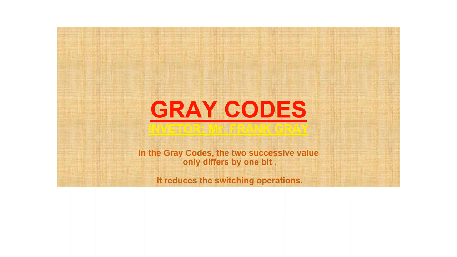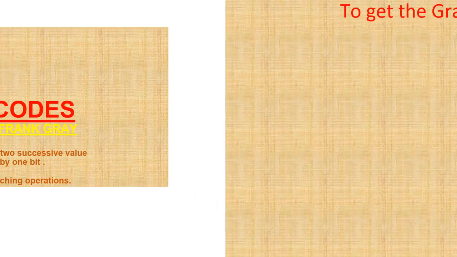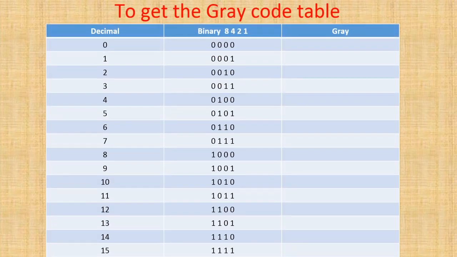Now it's turn to discuss gray codes, which have another property which helps us to reduce the switching operations. Gray code differs by only one bit in two successive values. You can see in this table, while moving from 0 to 1 of gray code, only one bit has to change.